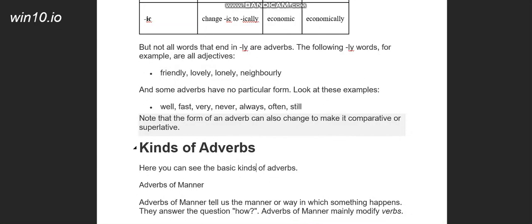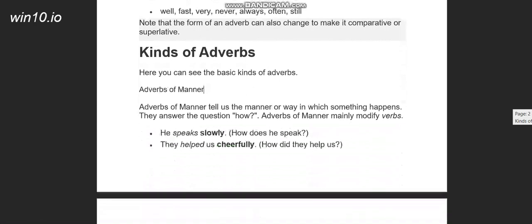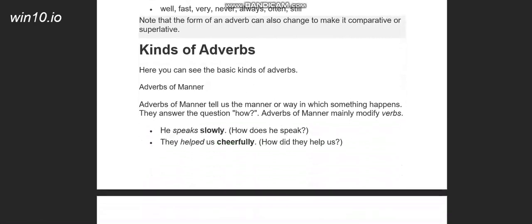Now we'll learn the kinds of adverbs, and the first and foremost is the adverb of manner. Adverb of manner tells us the manner or way in which something happens.